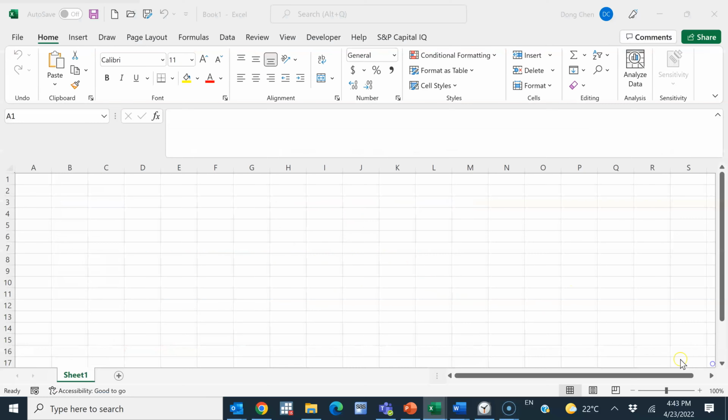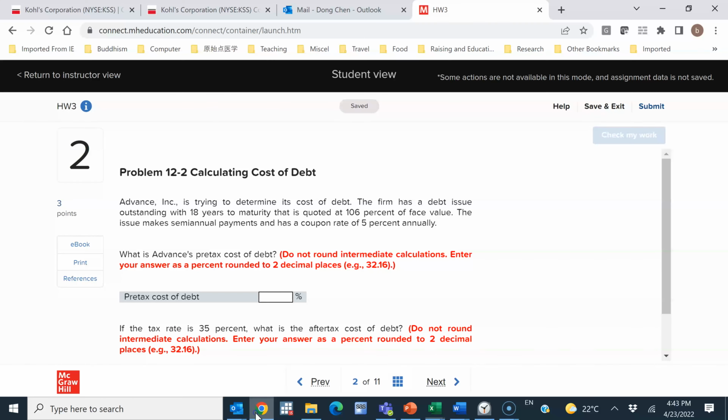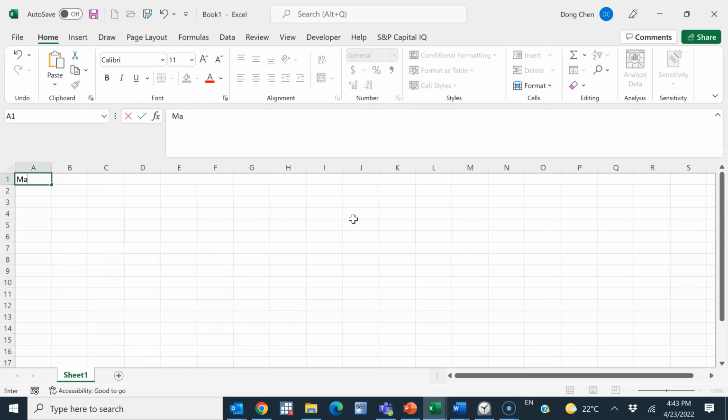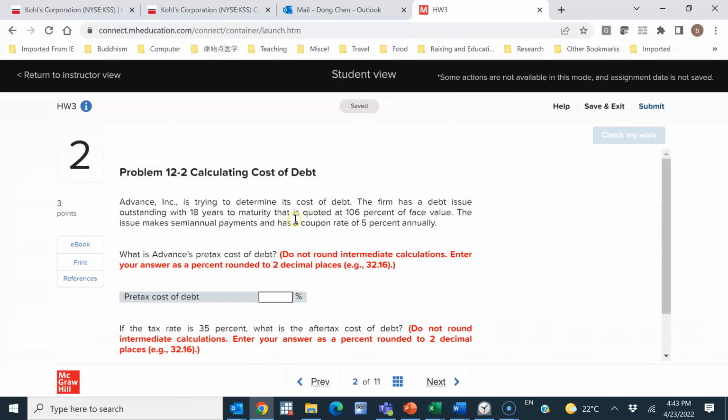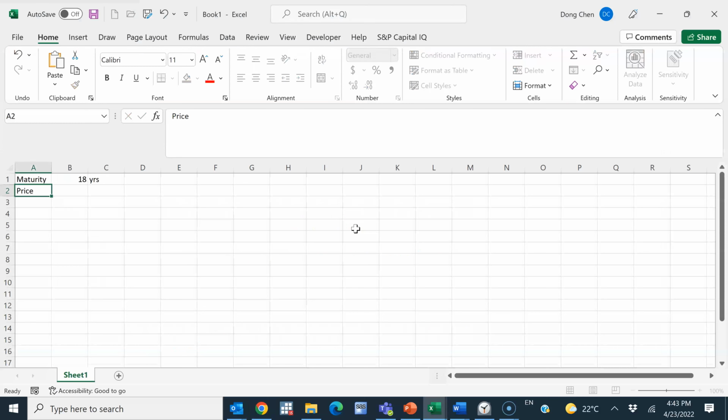So first step is to put the numbers into the right place. I'm going to use Excel to figure out the answer. So we know the maturity is 18, and this is years, and the price is 106% of face value.